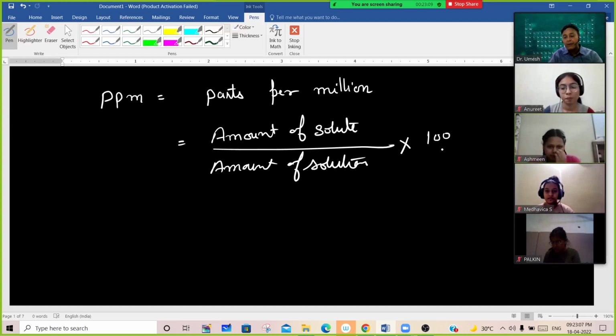In 100 part of the solution, how many part are there of the solute? Now what I do, I make it now 10 to the power 6. It means per million. In 1 million part of solution, what is the part of the solute particles? I'll give a simple example now.